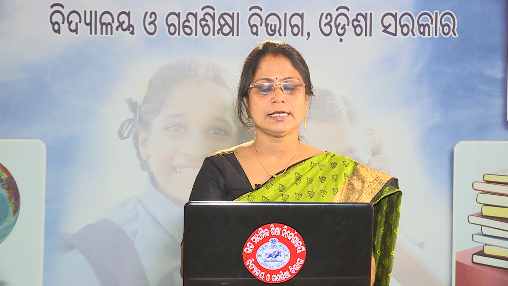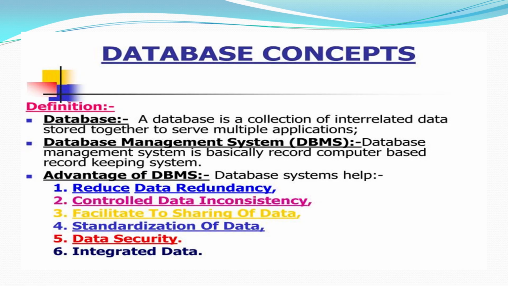So, we have already discussed features like reducing redundancy with the help of a database. As all of us know, a database management system reduces redundancy in a database to a desired extent. Next, inconsistency is also related to redundancy.